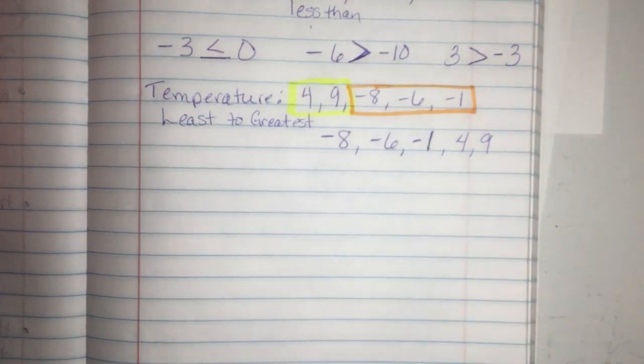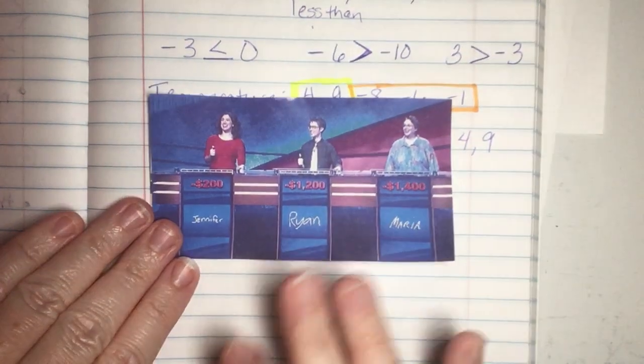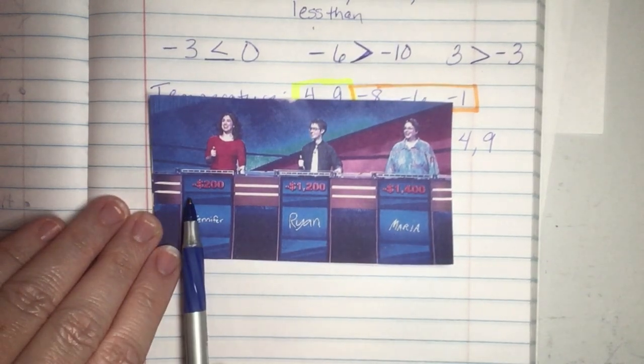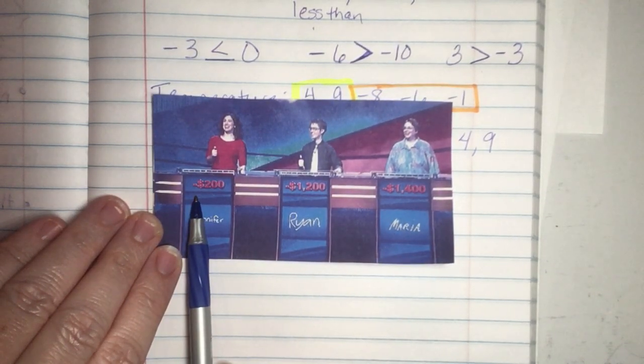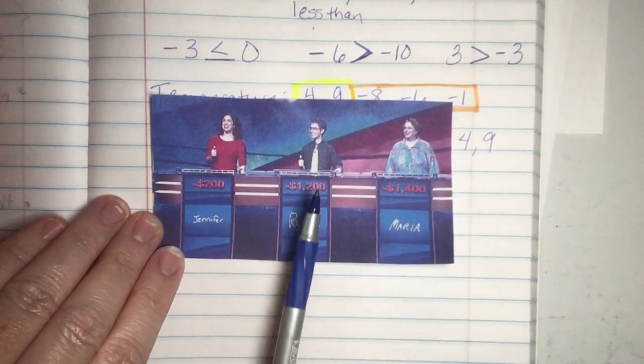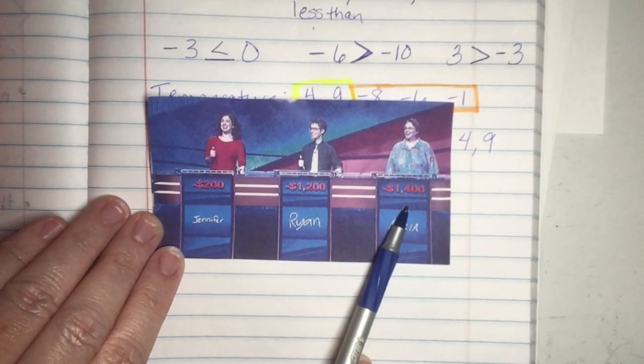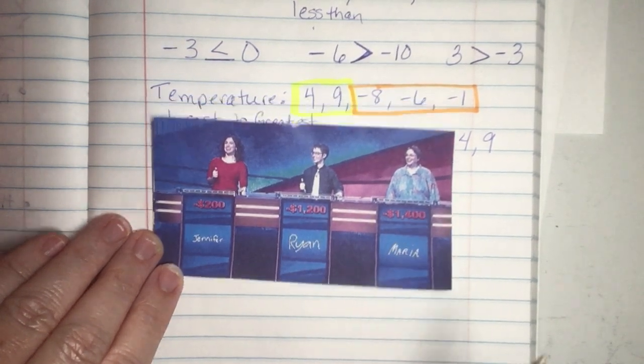All right, let's look at this game show. So we've got Jennifer, Ryan, and Maria, and they each have a score that is below 0, okay? So we have a negative 200, a negative $1,200, and a negative $1,400, okay?